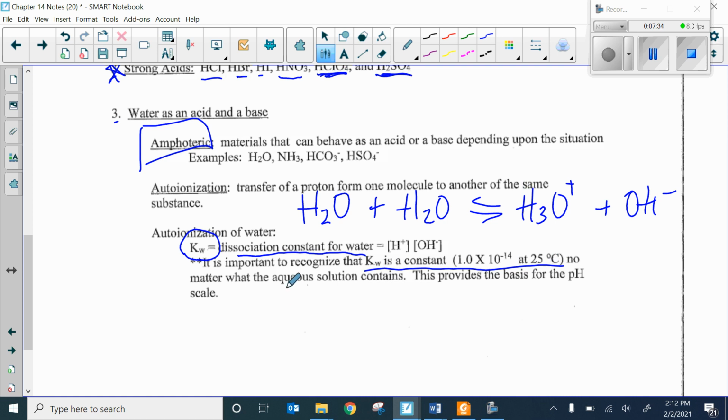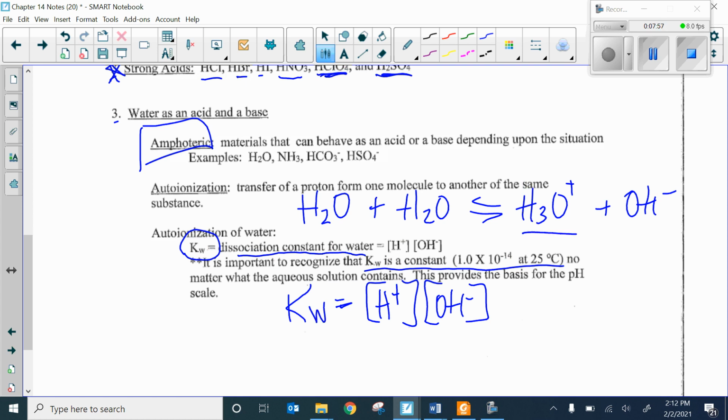Now, I want you guys to take a look at this equilibrium expression for water. It is still going to hold true that it's the hydrogen ion times the hydroxide ion, and we are still not going to put that over the reactants, okay? Because we do not include water in any of our equilibrium expressions.